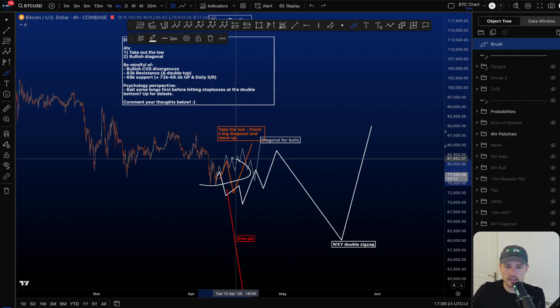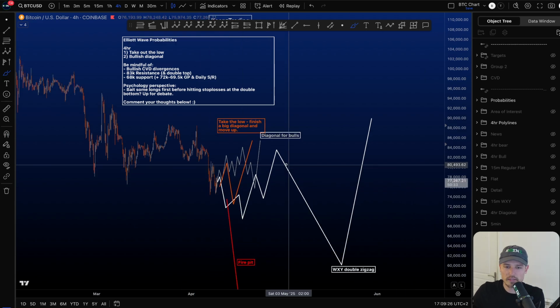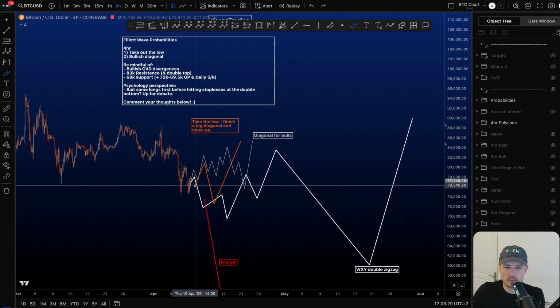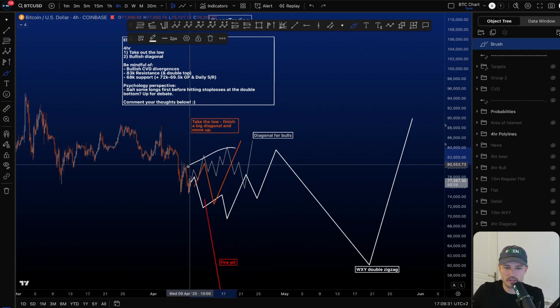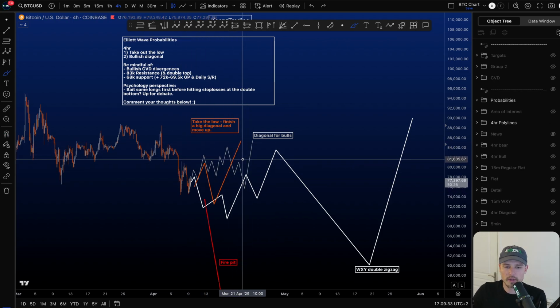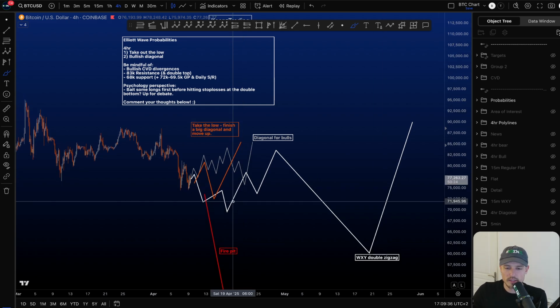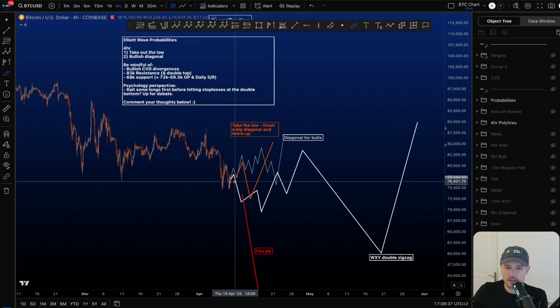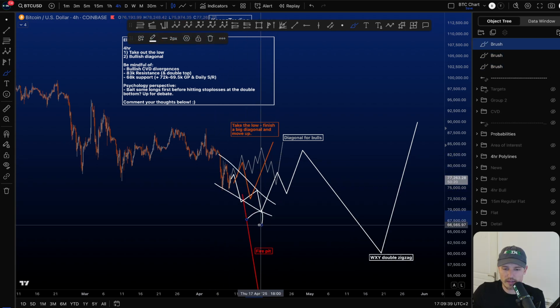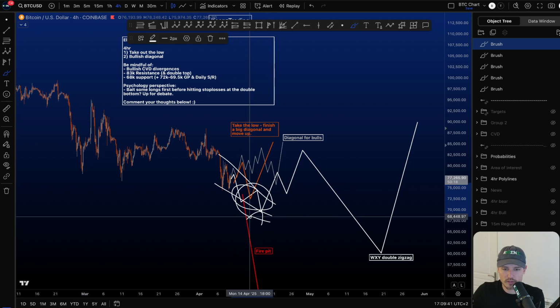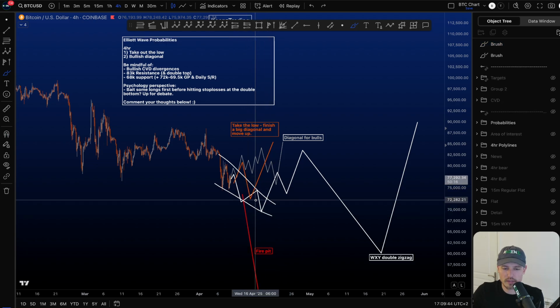meaning shorts in this local range, unless a diagonal would form for the bulls, which is this gray line over here, right? You can see that in white, we have the WXY double zigzag. This is your diagonal wave A. So we look for price to then find support down here. I'll show some of my supports in a second.